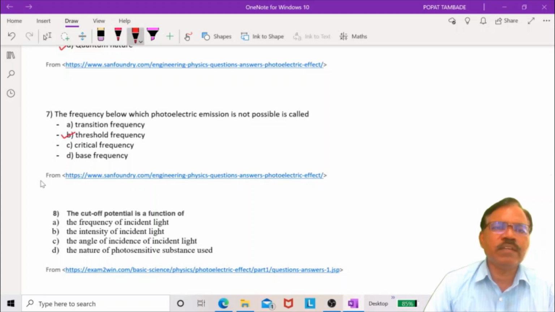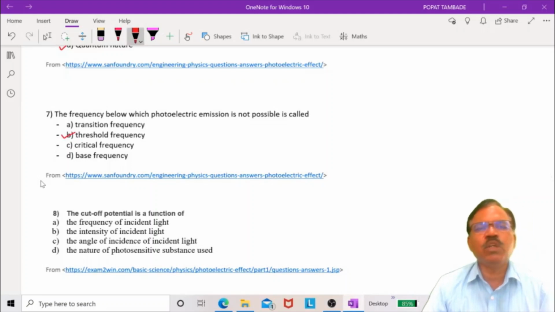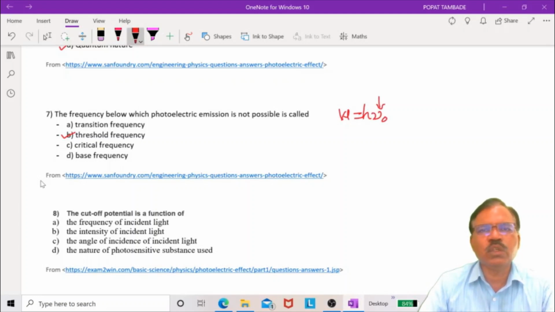So threshold frequency is the frequency below which there is no emission of electrons from the metal surface. Threshold frequency is different for different metals, and it is also a measure of work function. The work function of the material is given as h nu 0, where nu 0 is the threshold frequency.